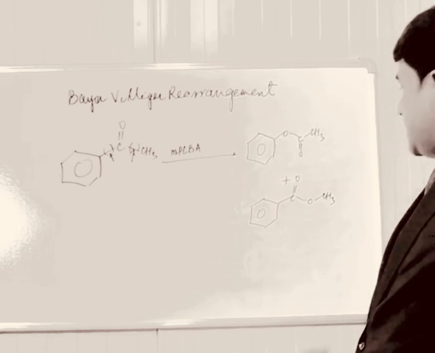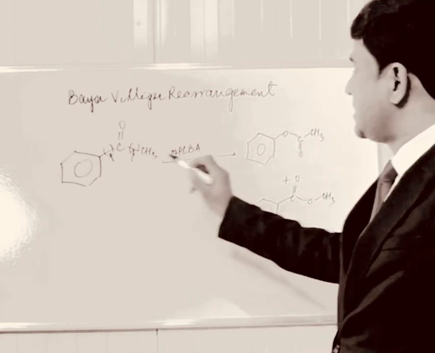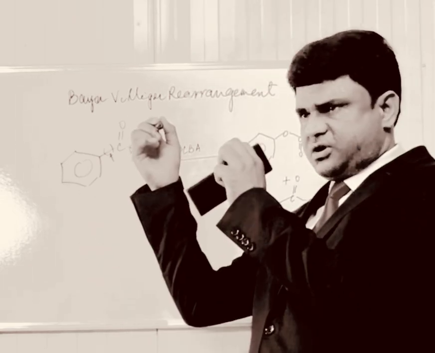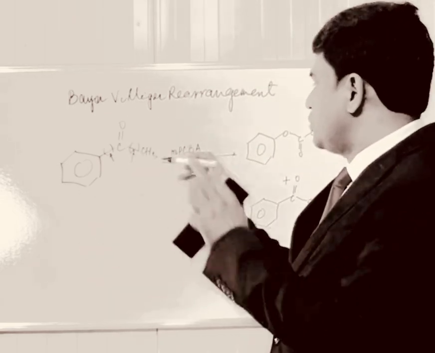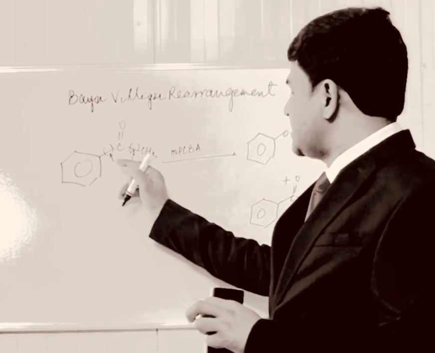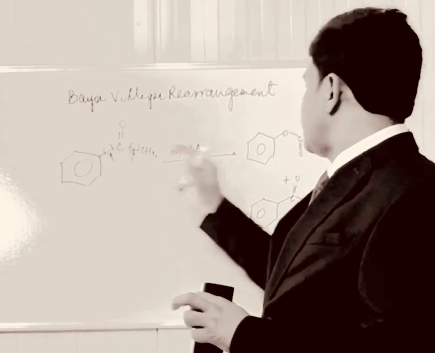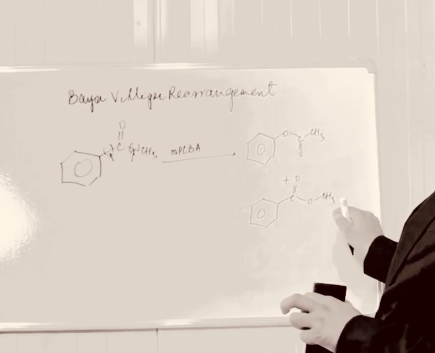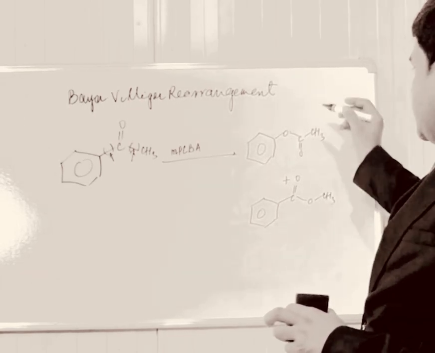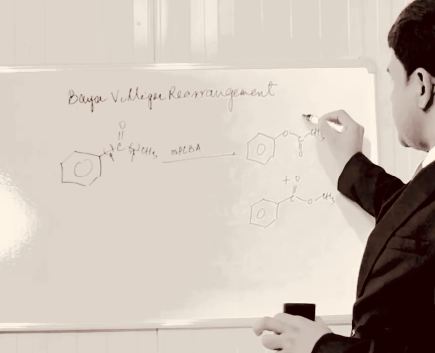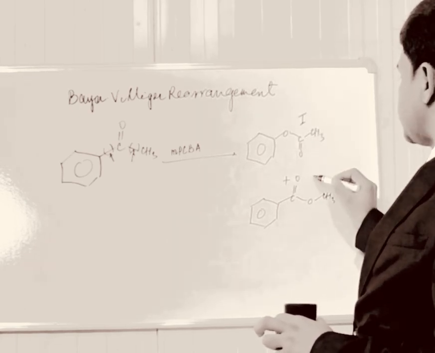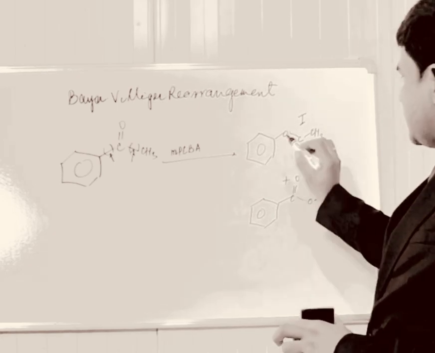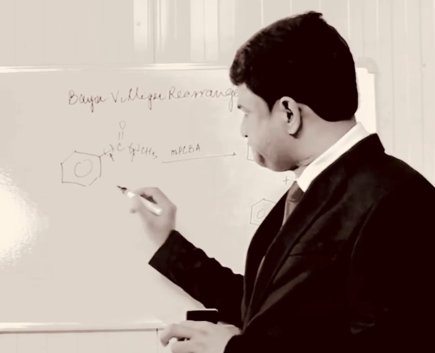That is, in this reaction we see that this phenyl group is shifted, and the formation of a product like this, and in this there is shifting of the methyl group, and therefore the formation of this.